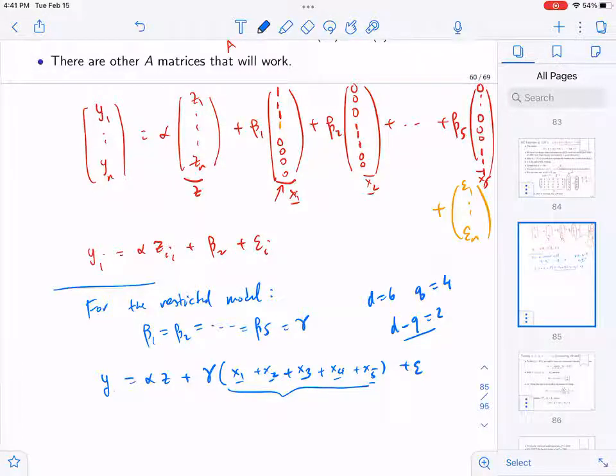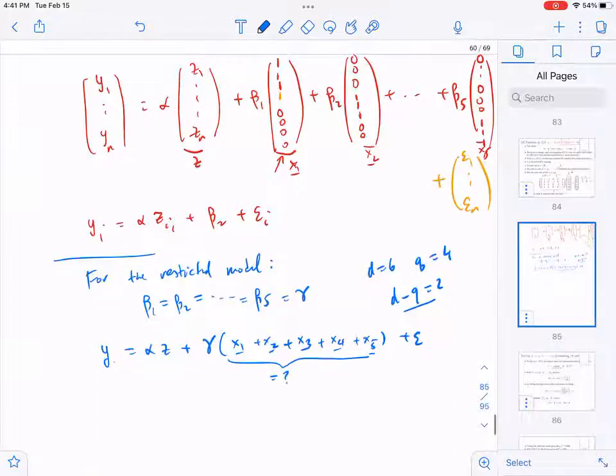What is the sum of these covariate vectors, x1 plus x2 plus...? Exactly, this would be just the vector of all ones, which we usually write as 1n. Just 1, 1, 1, all the way to 1. The reason is, for each row, you have exactly one in one of these, and the rest are 0. So when you add up, you get 1.